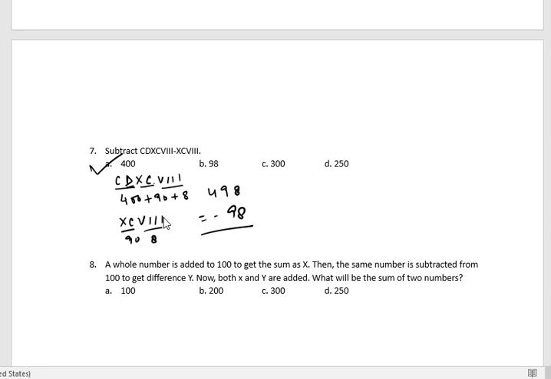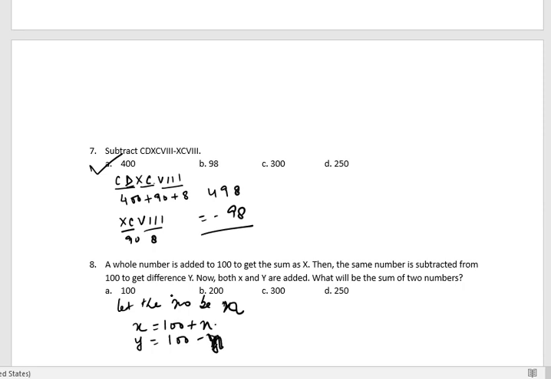Okay, now let's assume the number be X. Wait, let me select a pen. Okay, so let the number be X. Okay, so we will take N because X is already used here, so I'm taking the number as N. So in the first case, when we are adding this, we are getting the number as X. In the second case, we are subtracting the same number and we are getting Y. This is N only.